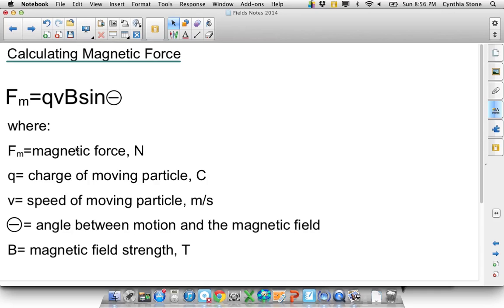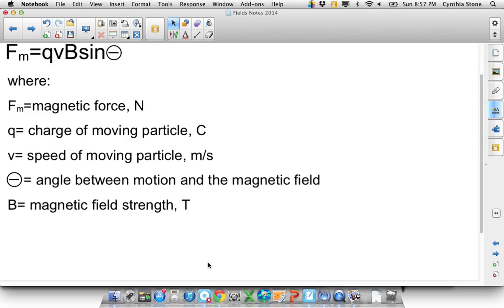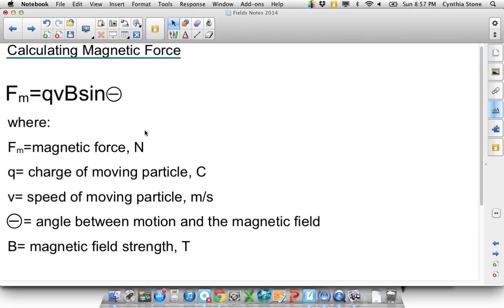Magnetic field strength is to magnetic force as electric field strength is to electric force, as gravitational field strength is to gravitational force. Okay? And it has a unit, T for Tesla. So that's the equation for magnetic force, which is easy if you know all those things, which often we do, actually.